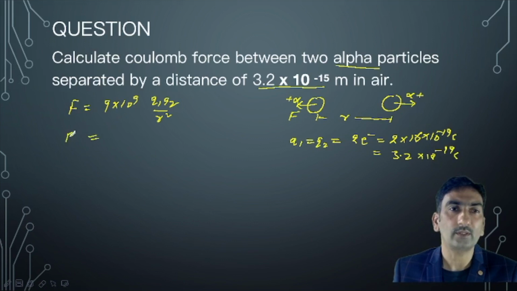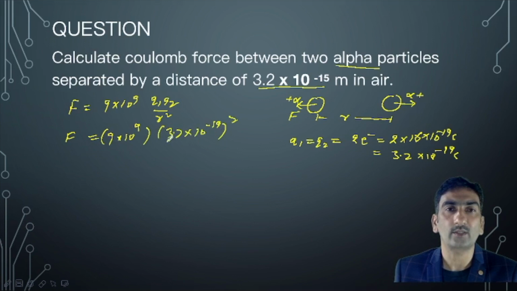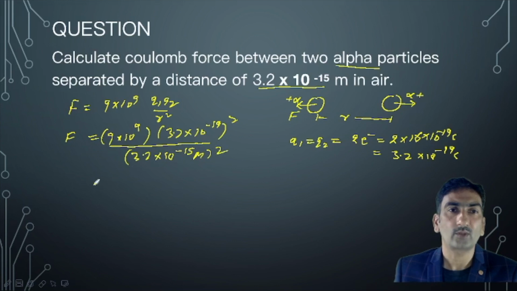The distance is already given, so 9 into 10 raised to power 9, and the charges Q1 and Q2 are 3.2 into 10 raised to power minus 19. You can make the square of this because they have the same charge, and the distance is given as 3.2 into 10 raised to power minus 15 meter, and the square of that. In these calculations, 3.2 squared is in both, so you can cancel it out.